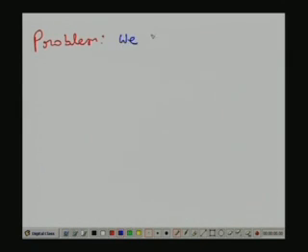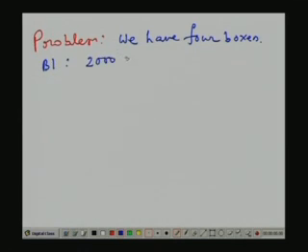We have four boxes. B1 contains 2000 items with 5% defective items.